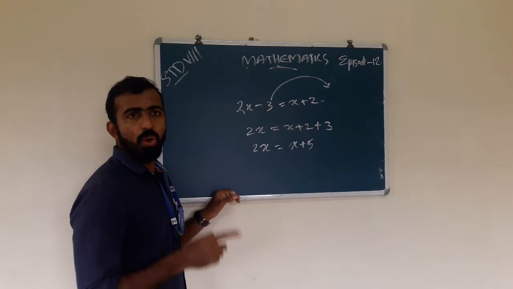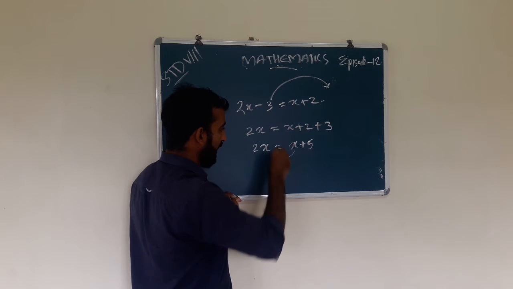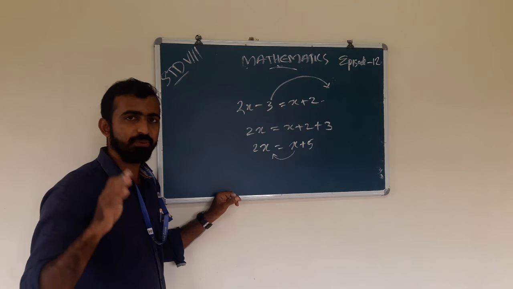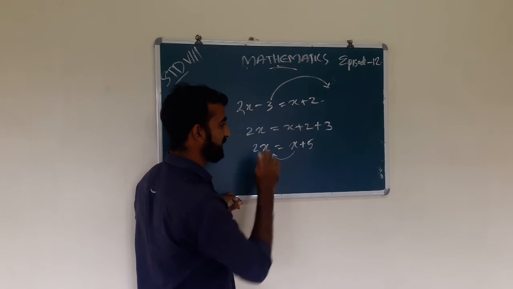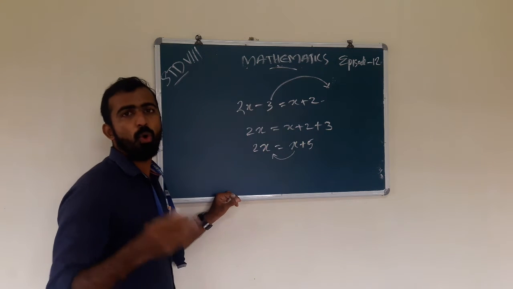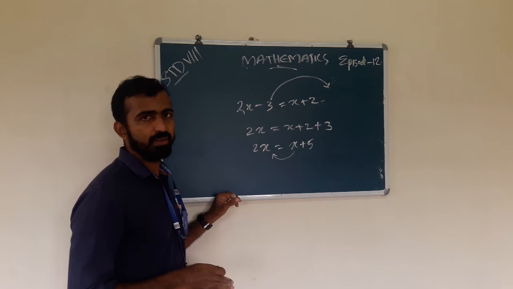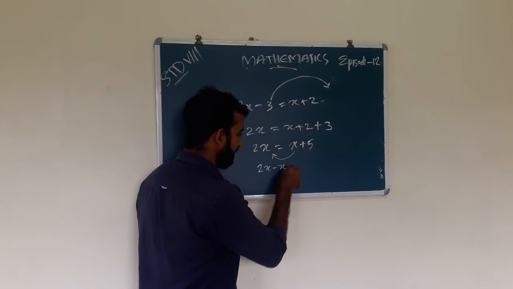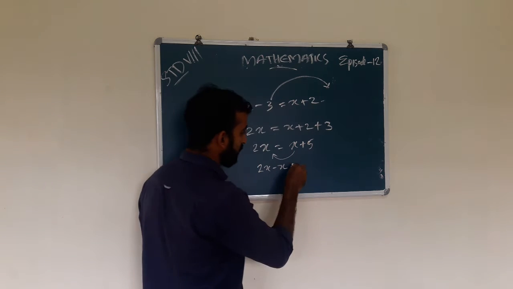Here there is an x. One way is to move x to the left side. Another way is to subtract x on both sides. As you like, I take 2x minus x, that is x moving to the left side, equal to 5.